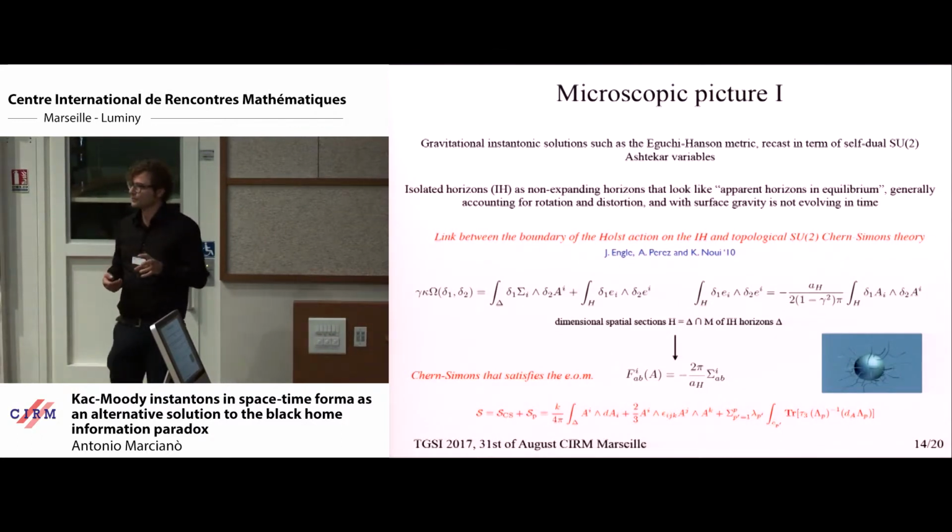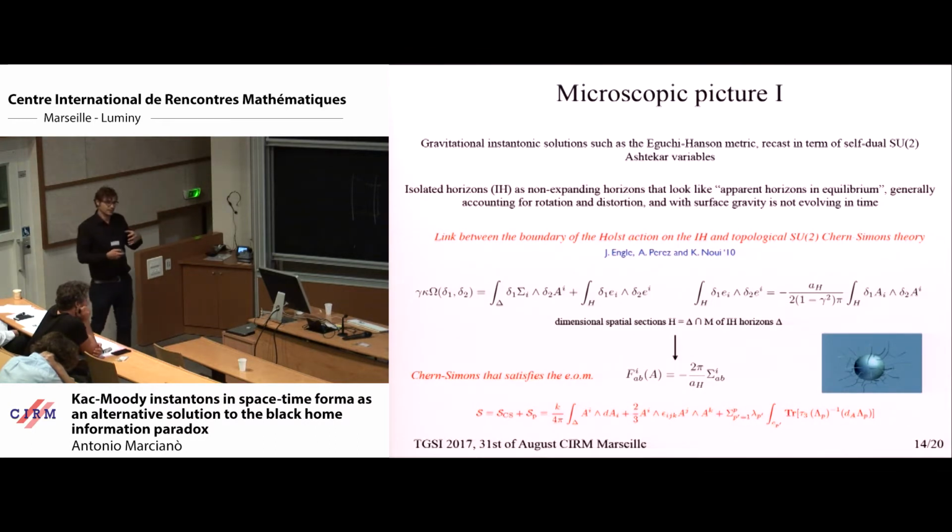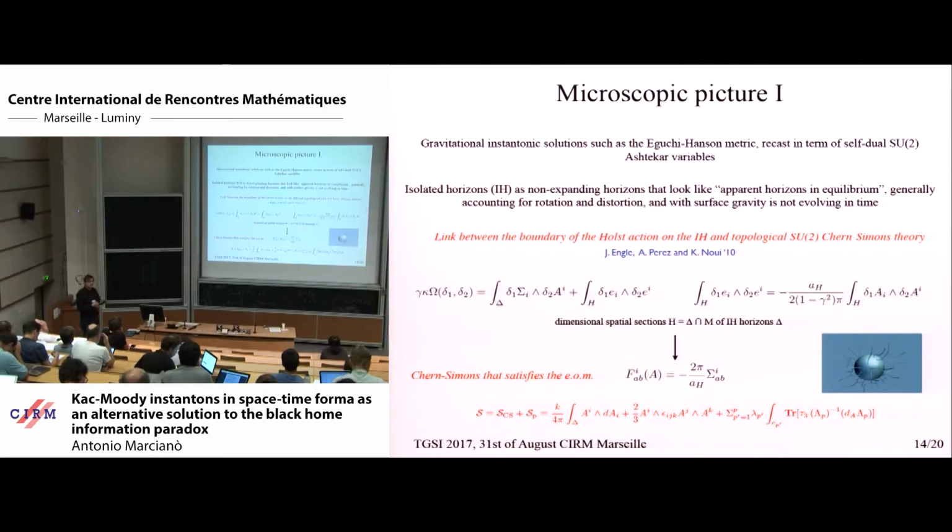If on top of that there is an extra condition on the null vector, which is basically that the Lie derivative with respect to the null vector commutes with the intrinsic derivative, this entails that the surface gravity on it is not evolving in time, it's constant. So this horizon can shake somehow, but it maintains its surface gravity.